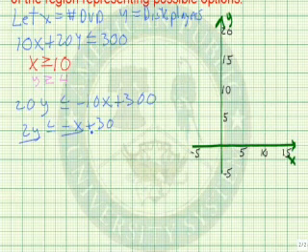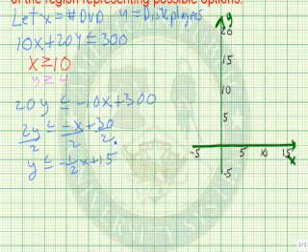Now let's divide everything through by 2. So we have y is less than or equal to negative 1/2 x plus 15. So if x is 0, y is 15. If x is 10, then we'd have negative 5 plus 15, so it would be 10.